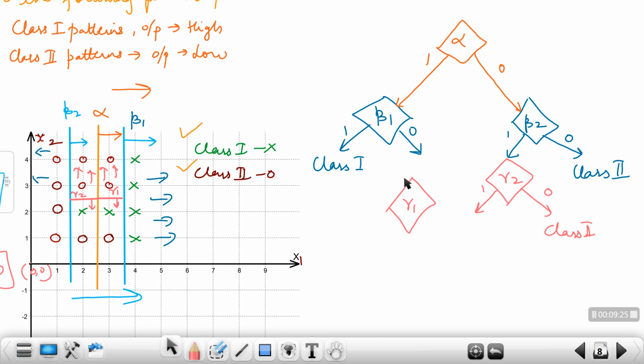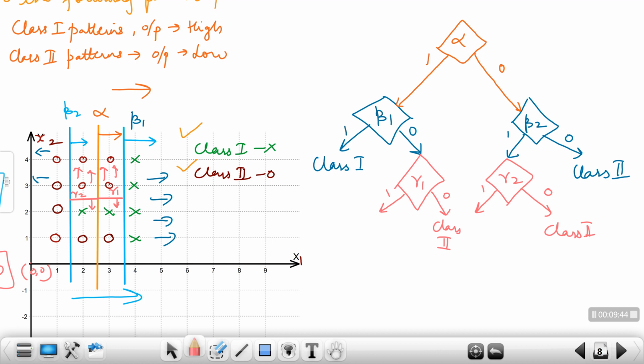Similarly, I write for this also: the negative side is completely classified, it is class 2, and the positive side is not classified.